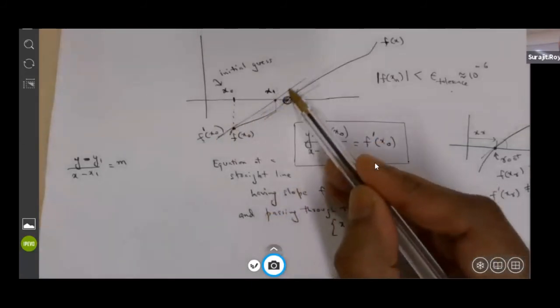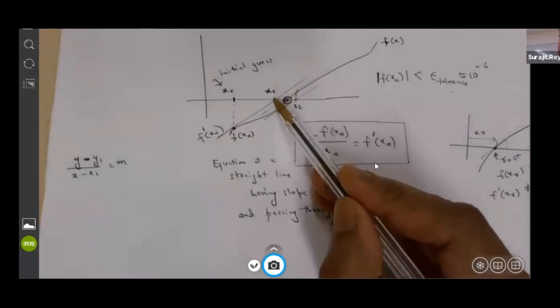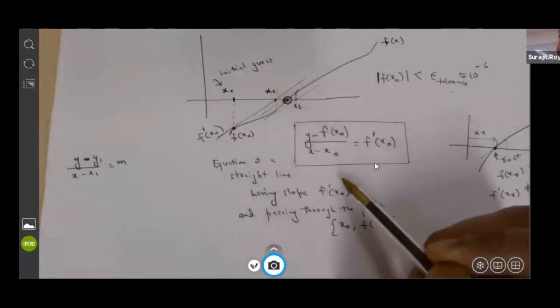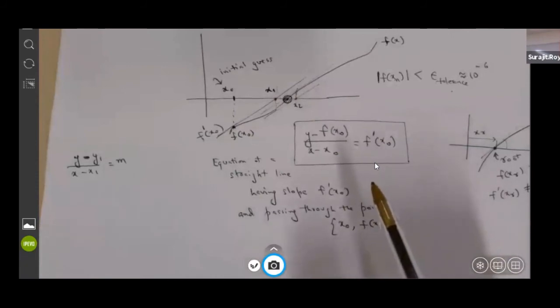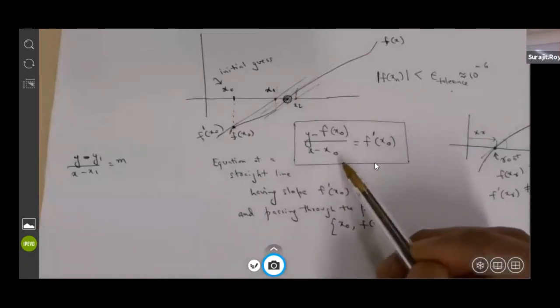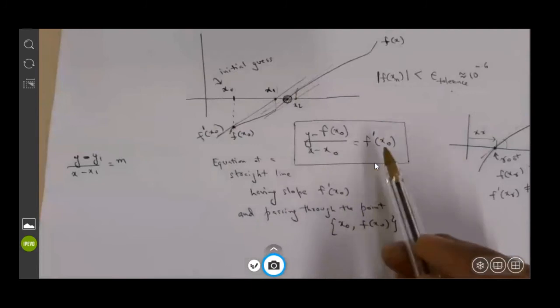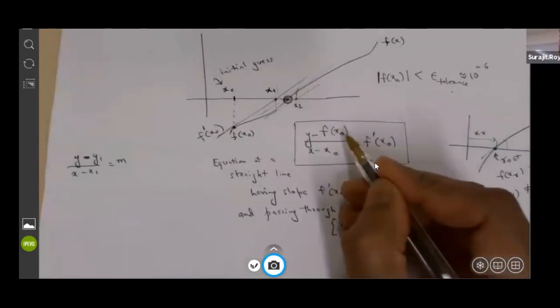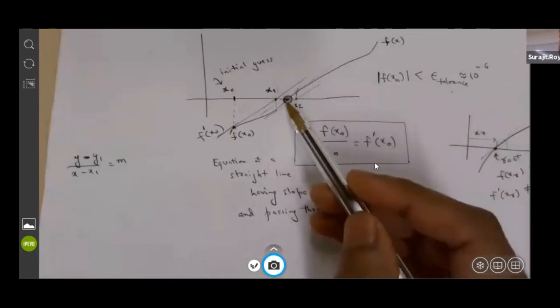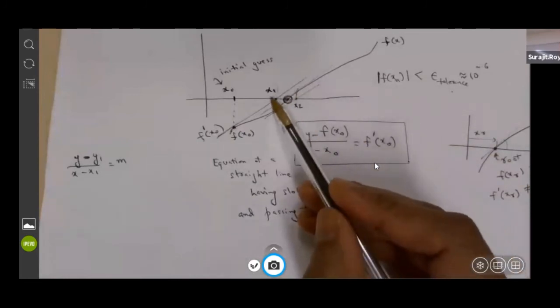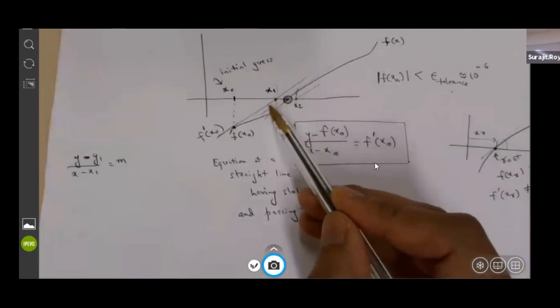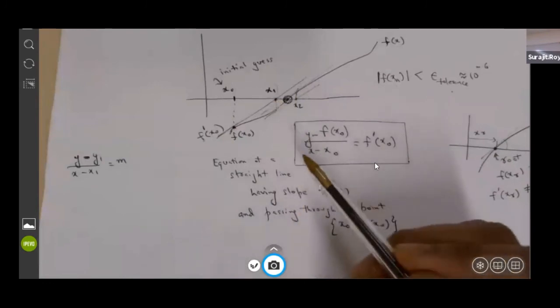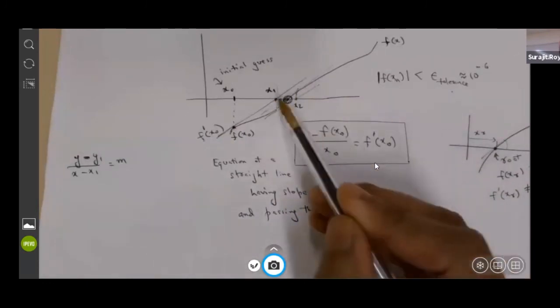Now, if this is the equation of a tangent line, I am interested in finding my x1. But before I explain that, was it Ethan who asked this question? Yes, I asked, Professor. Did you get it or are you still not getting it? I understood right now. So if you have understood it, can you answer the following step: how will you find x1, which is where the line crosses the x-axis? How can I use this equation to find x1?